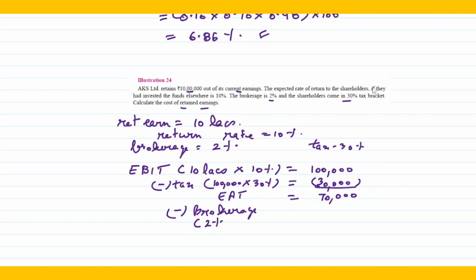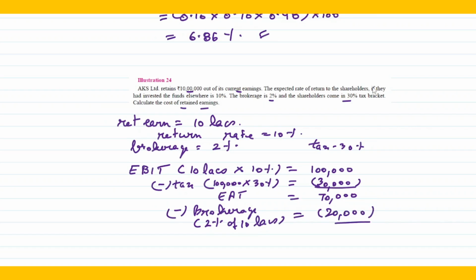Please don't take it as 1 lakh, because 1 lakh is the earnings from the total investment. Brokerage is always levied on the total capital. Since AKS retains 10 lakhs of its current earnings, the brokerage is calculated on these 10 lakhs at 2%. If you subtract, the value is 20,000.